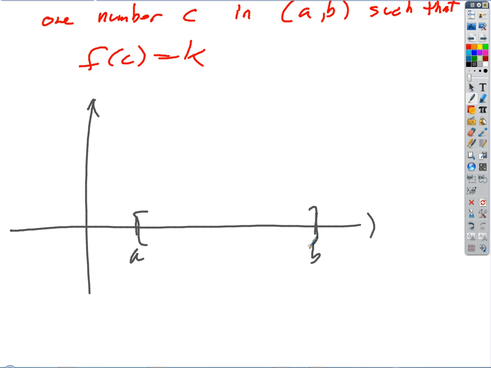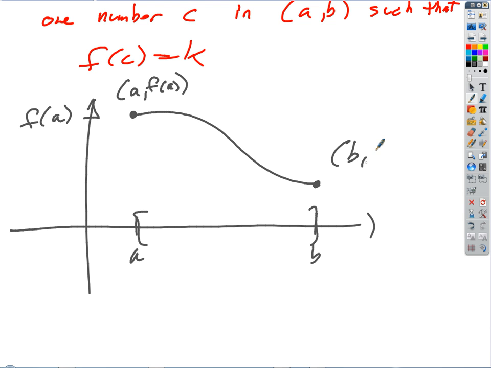If I've got some continuous function, one that I can draw without picking my pen off the board, that's defined between this point and this point, right? Now this is at A, and isn't the value of y there just f of A, right? So the coordinates in order to pair are just A, f of A. These coordinates are just B, f of B.